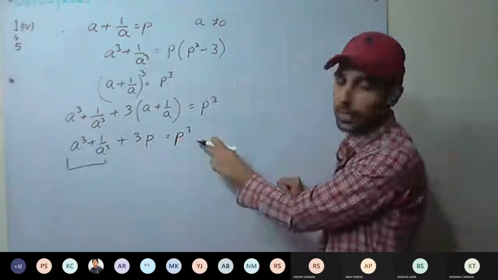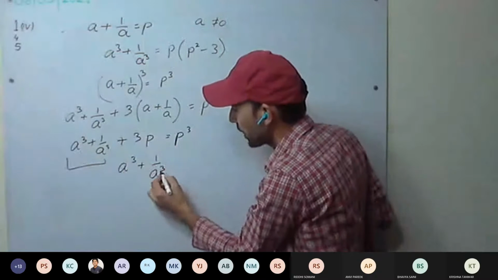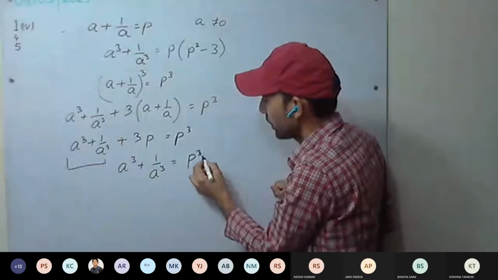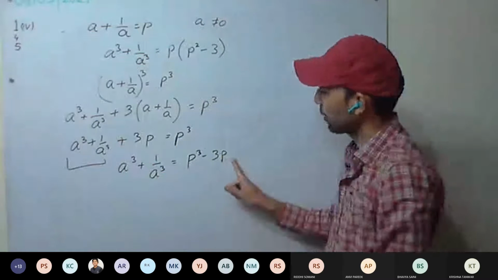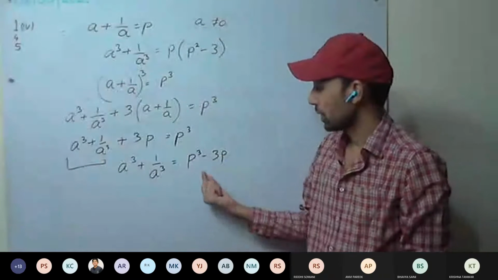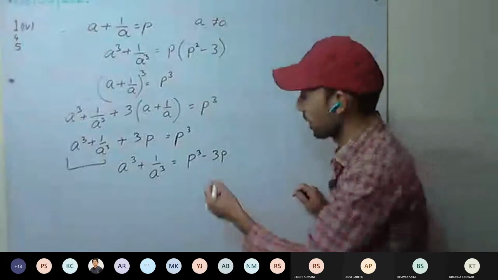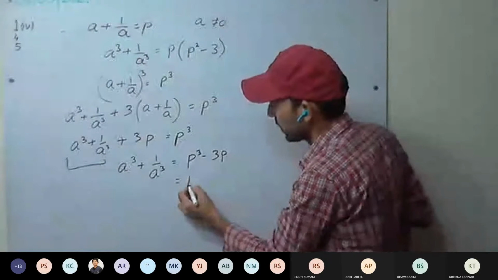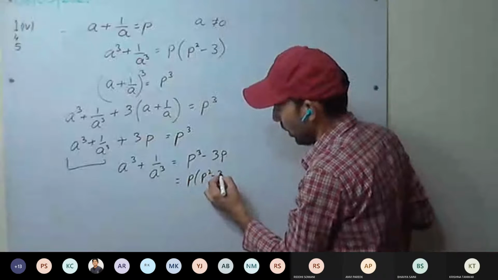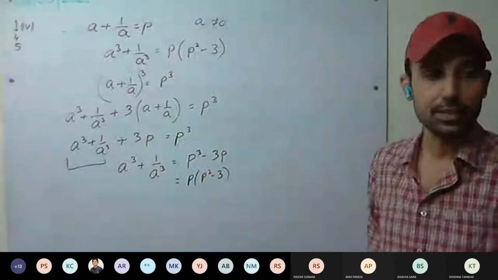Take it on the right hand side. A cube plus 1 upon a cube is how much? P cube minus 3p. Now take p common: p into p square minus 3. You have got the answer. Is this clear?